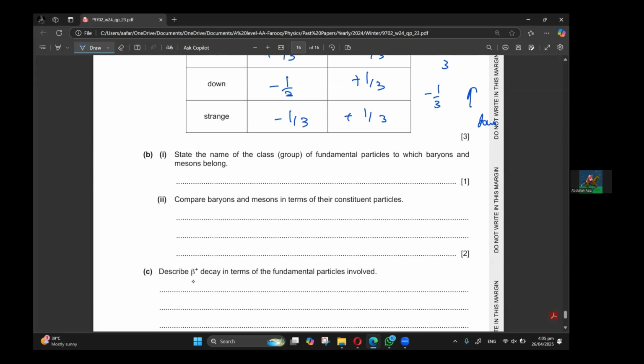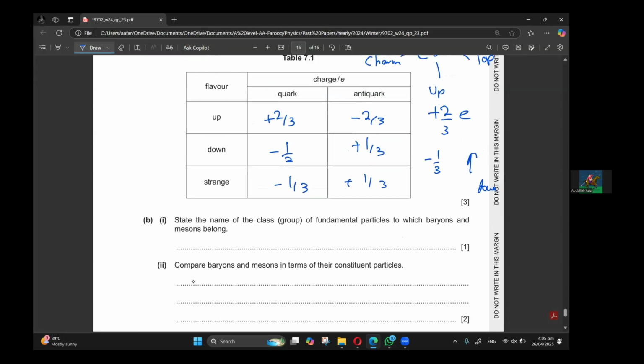State the name of the class or group of fundamental particles to which baryons and mesons belong. Hadrons. Basically, it's tough to memorize. Compare baryons and mesons in terms of their constituent particles.